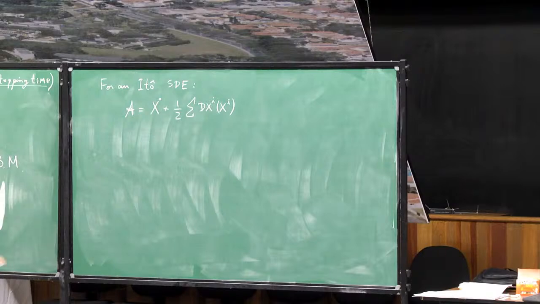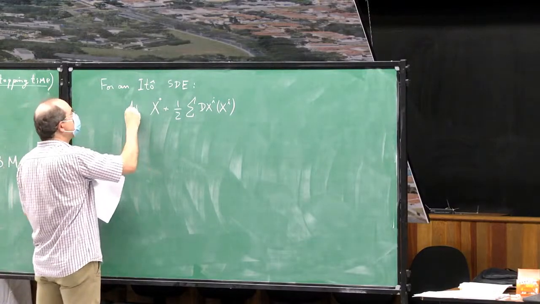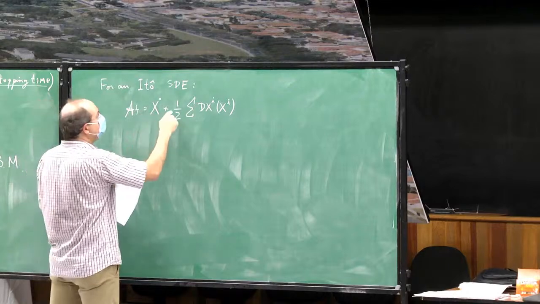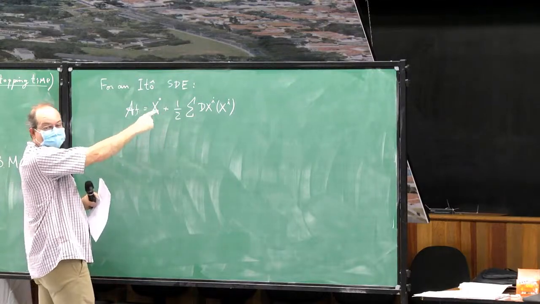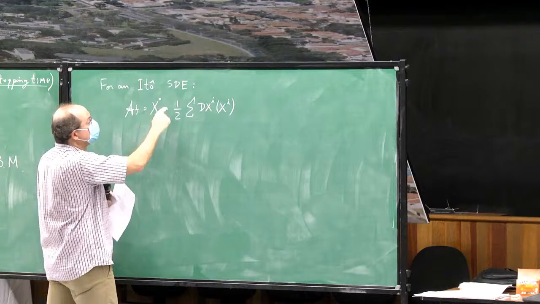By this, I mean plug an f here, plug an f with a certain point x, and then you take the derivative of this f in the direction X0 and so on.